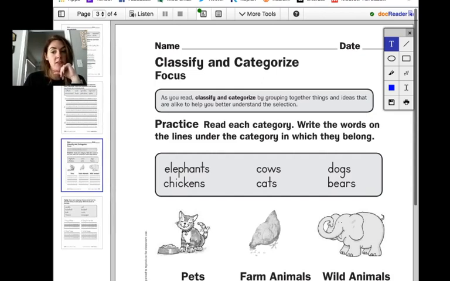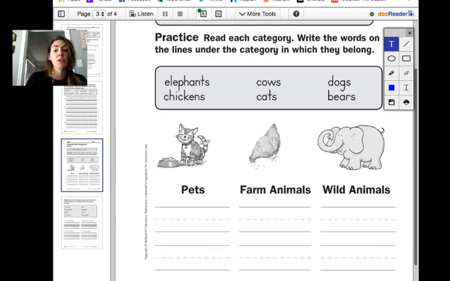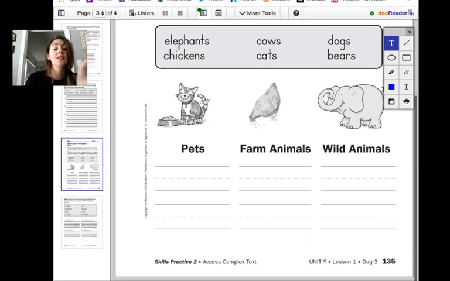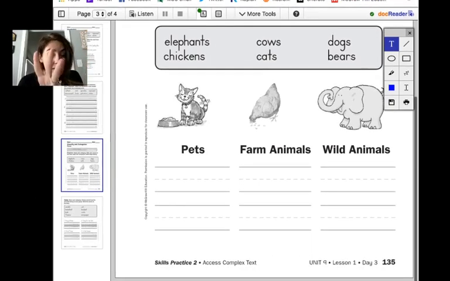Cats. Bears. Now what's even more important is as you look in your book or on my screen here, you can see there are 3 categories, not just 2 like we did earlier with people and symbols. We have 3 categories: pets, farm animals, and wild animals.